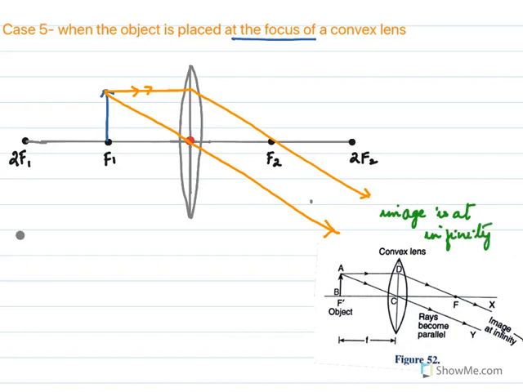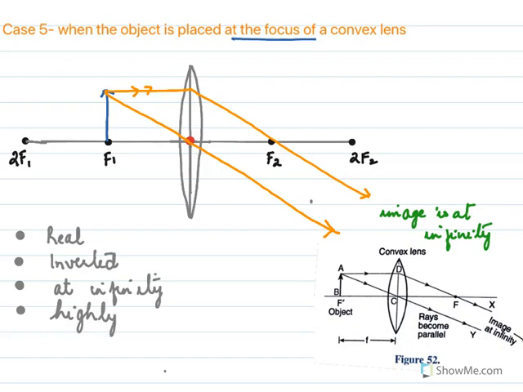So if you were to find the nature of this image, it would be real, inverted, formed at infinity and highly magnified. Here again we will mark, this is the object kept at focus.